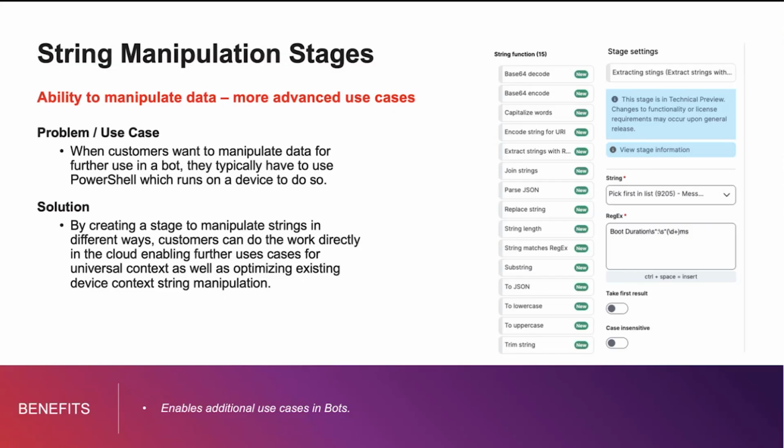This is super useful, and probably one of my favorites within this set is the ability to match regex. And why am I so excited about that? Well, one is it really deepens the amount of useful data we can get from the event log sensor. Typically with the event log sensor, when you leverage that within bots, you're going to be interested in event IDs and particular attributes around that event log message that came in.